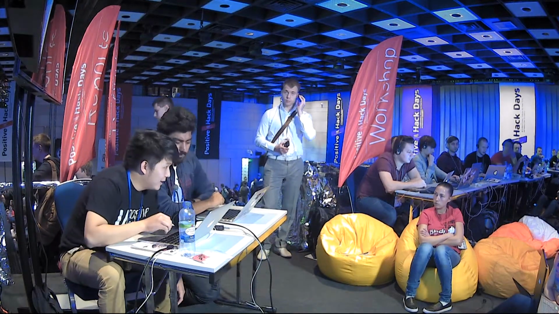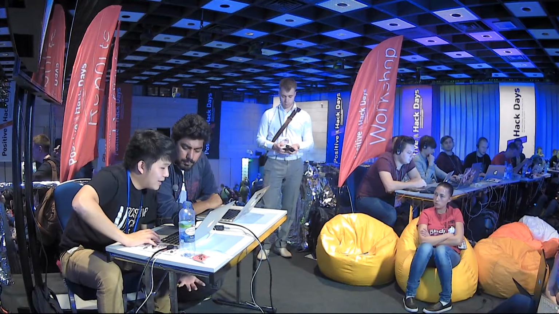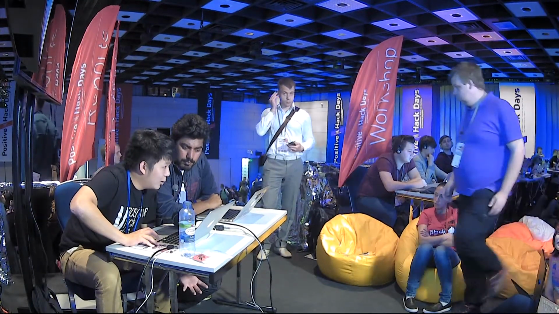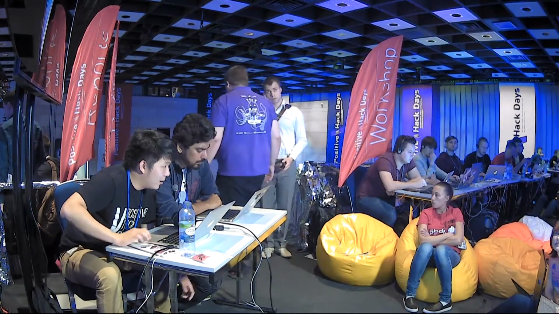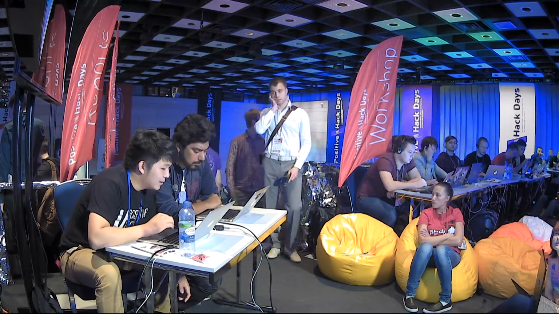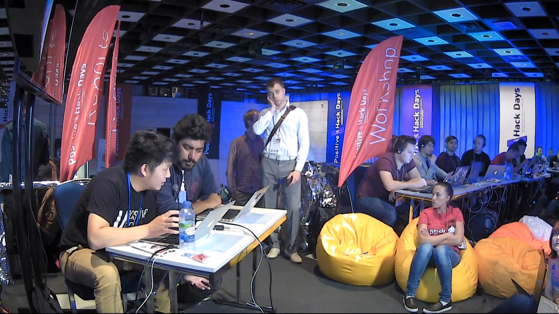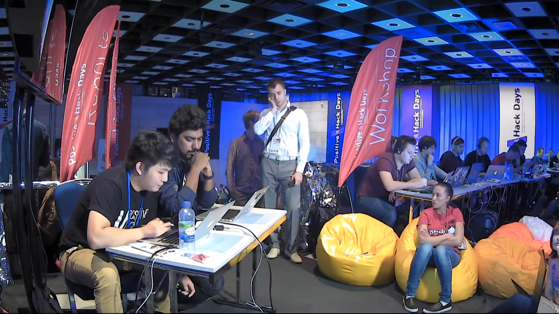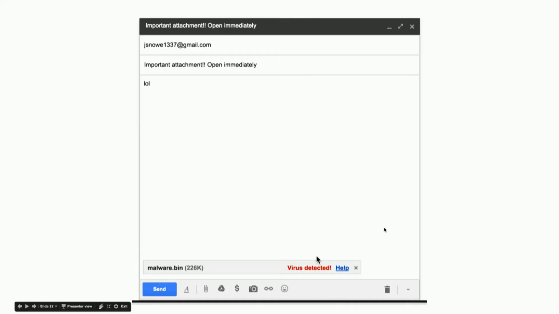So again, there's another kind of exploit for when you don't know at all what kind of model the machine learning algorithm is using. Gmail is a very popular email service in the US. It has an inbuilt malware classifier built using some kind of machine learning classification algorithms, but nobody really knows what these algorithms are.